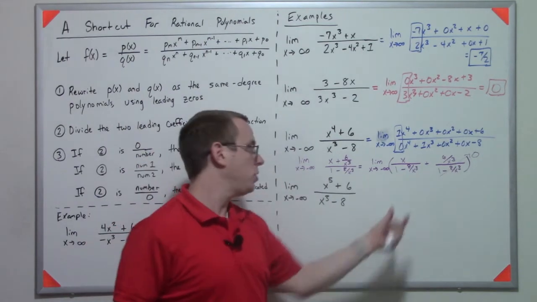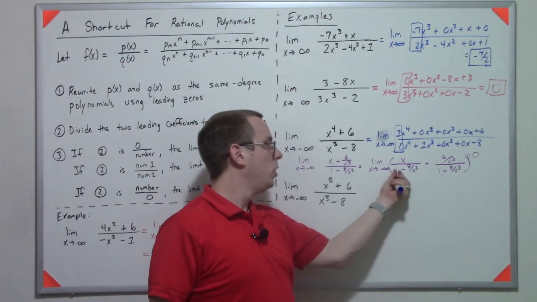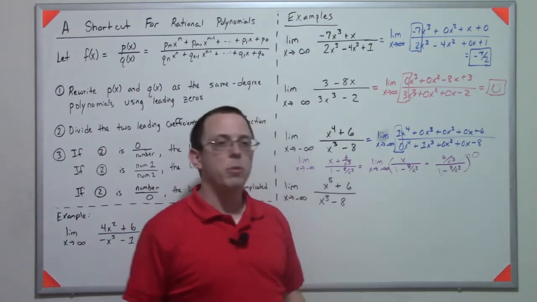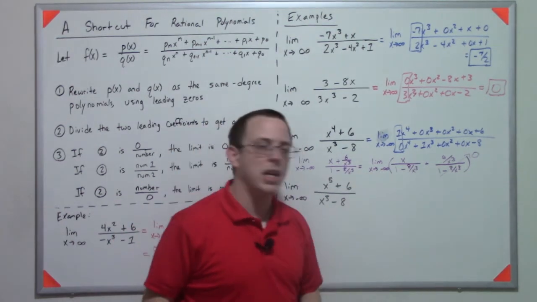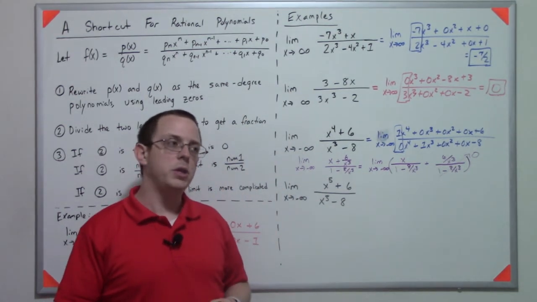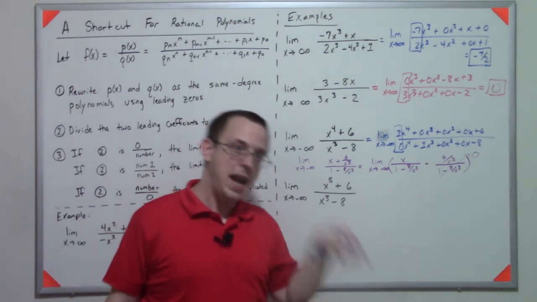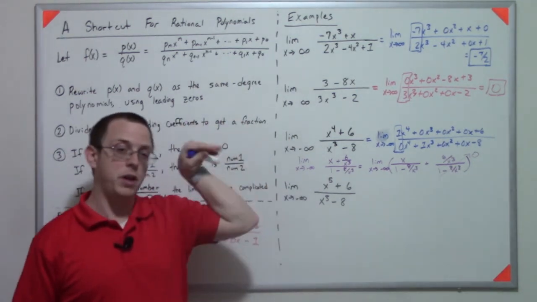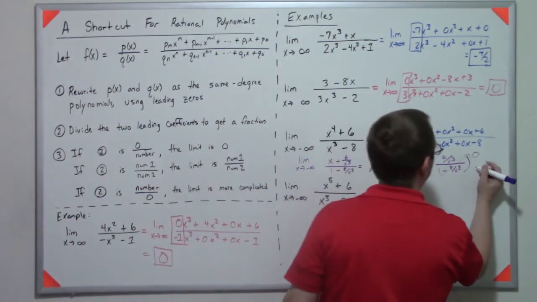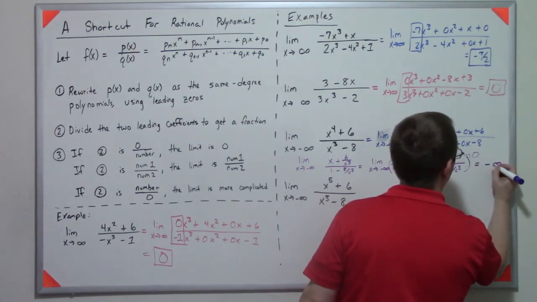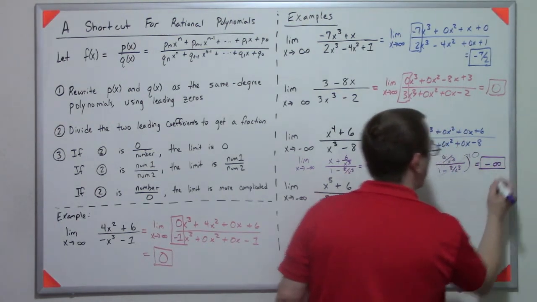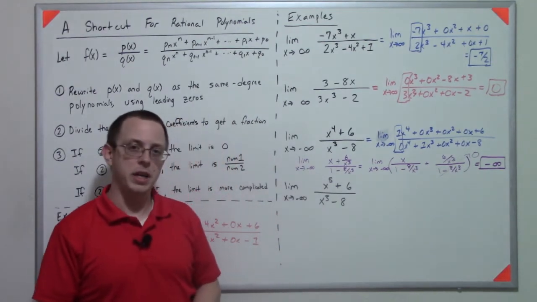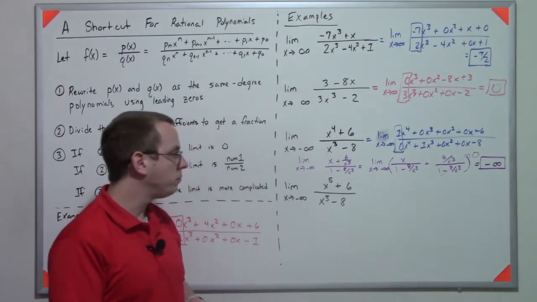So we have 1 minus 0. But then you have this x, and it's going to negative infinity. It's not going to positive infinity, it's going to negative infinity. So that tells me the limit's actually negative infinity. So that's a little more challenging.